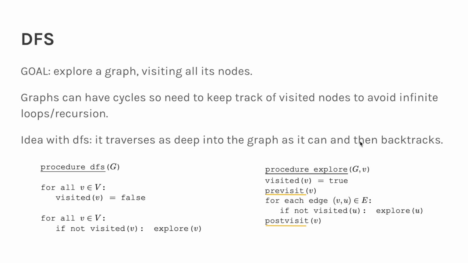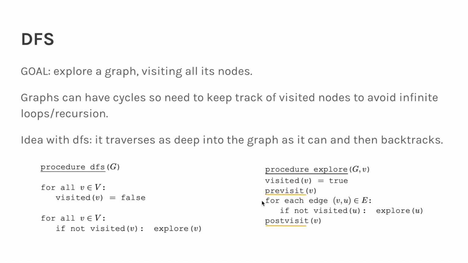Okay, before an example, if you want to do your pre-visit or post-visit operations, this matches very similarly to how we talked about DFS with trees. If you process a vertex before recursively calling explore on its children, then that's pre-visiting.